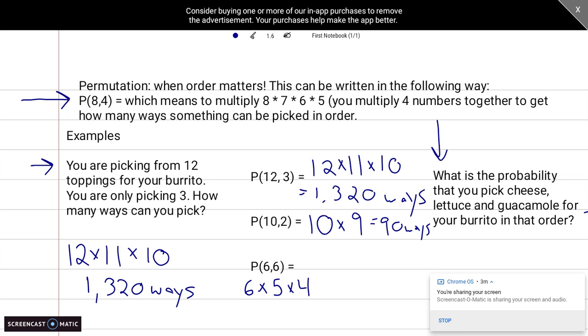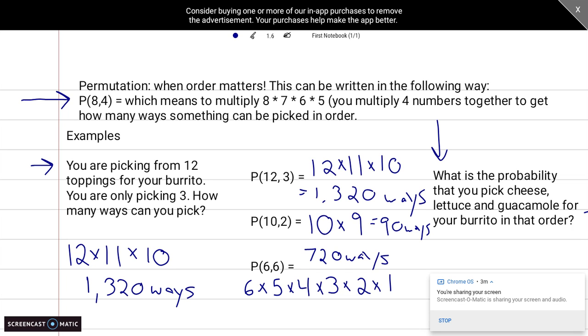Go one number down, 3 numbers, one number down, 4 numbers, one more number down, 5, and then 6. So I'm going to be doing this long calculation. So 6 times 5 times 4 times 3 times 2 times 1. And I'm going to get 720 ways.